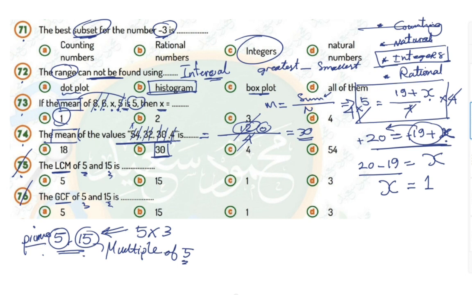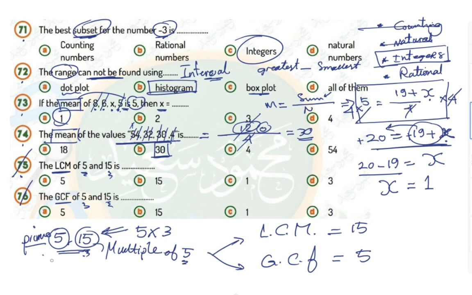Okay, what do you do? You have two cases. When he says LCM, take the multiple one. But when he says GCF, use what? When he says GCF, I will use the smallest one.